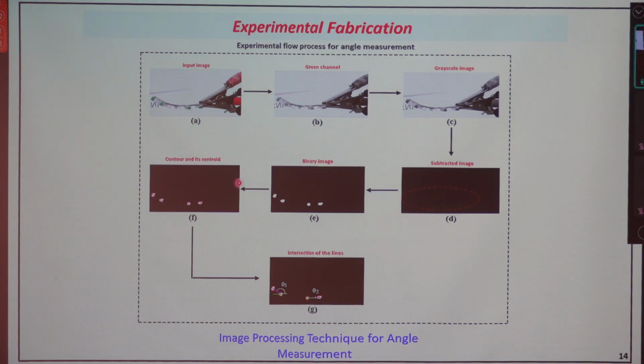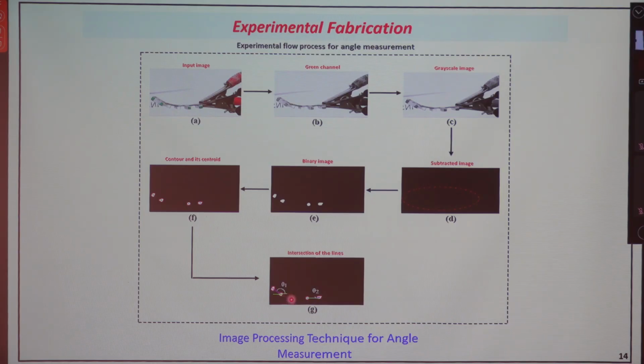Then, whatever view we get, we put the centroid and contour of it. After putting the centroid of this cross-sectional area and the centroid of the other, we join them with horizontal and vertical lines. So we have theta 1 and theta 2. For example, it is lifted a little bit from the horizontal. So the initial angle will be theta 1 minus theta 2.